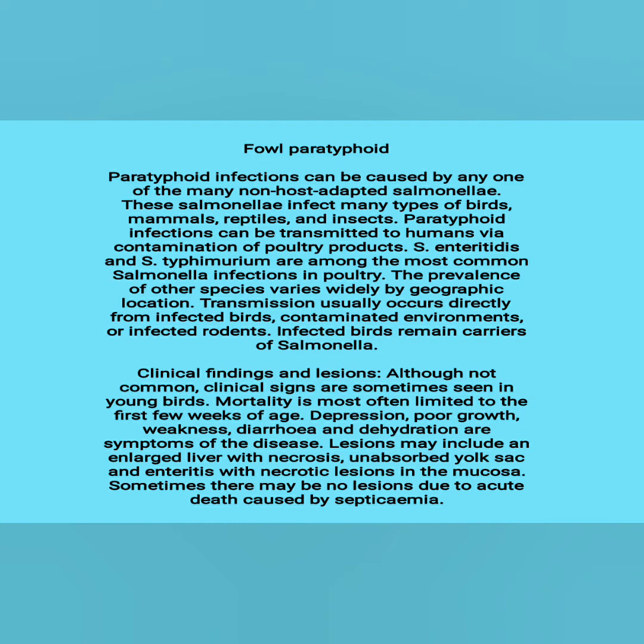Depression, poor growth, weakness, diarrhea and dehydration are symptoms of the disease. Lesions may include an enlarged liver with necrosis, unabsorbed yolk sac and enteritis with necrotic lesions in the mucosa. Sometimes there may be no lesions due to acute death caused by septicemia.